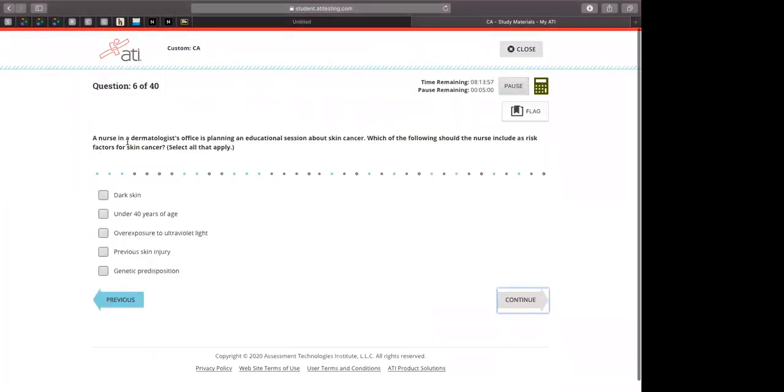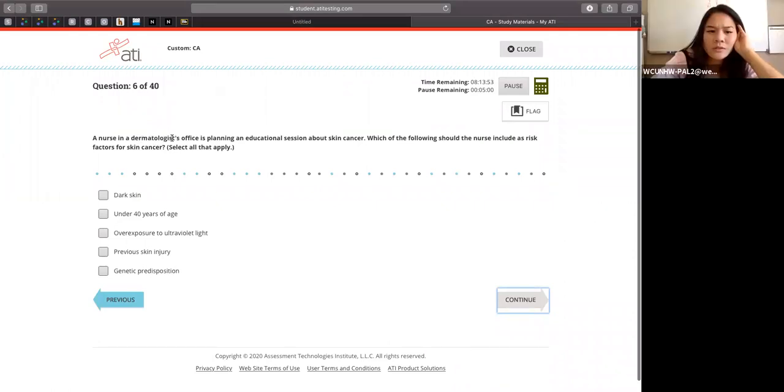A nurse in a dermatologist office is planning an educational session about skin cancer. Which of the following should the nurse include as a risk factor for skin cancer? So the lighter skin that you have, the higher risk of you getting skin cancer.